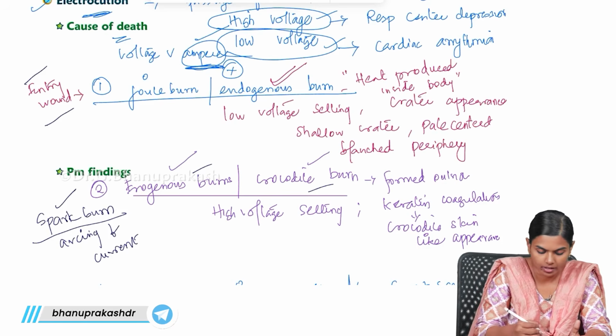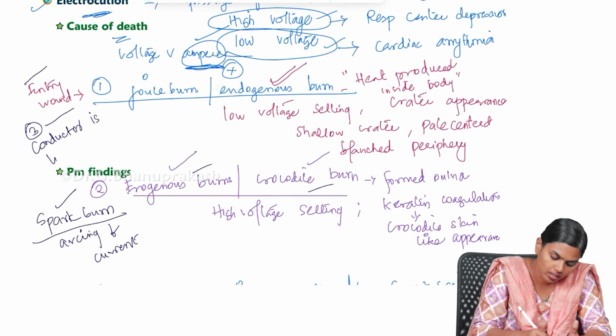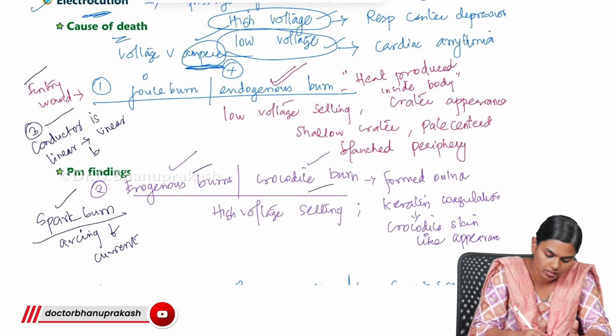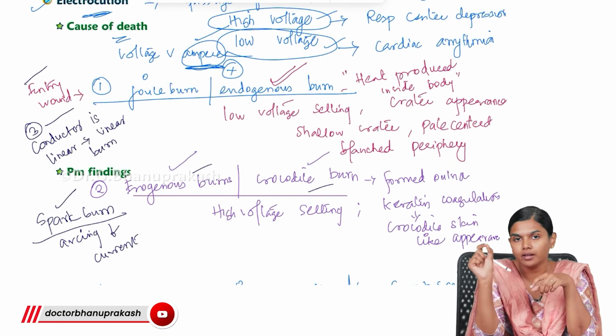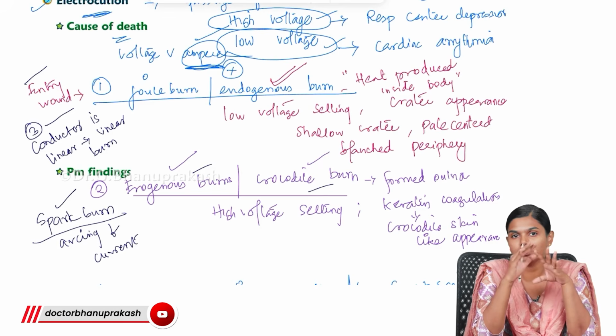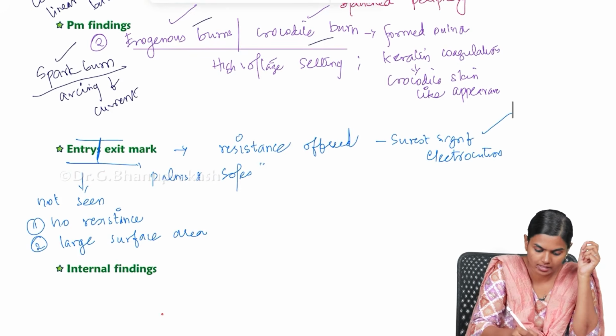Apart from that, if the conductor is linear, you will get to see a linear burn usually over the fingers. It will be seen as a linear burn injury. So these are the entry wounds that are usually seen. Apart from that, you will get to see exit wounds.